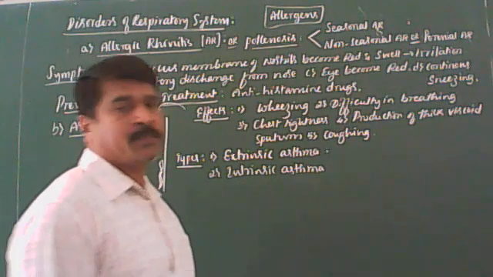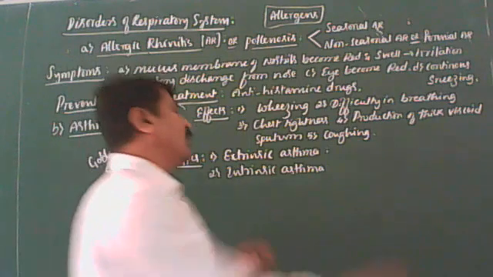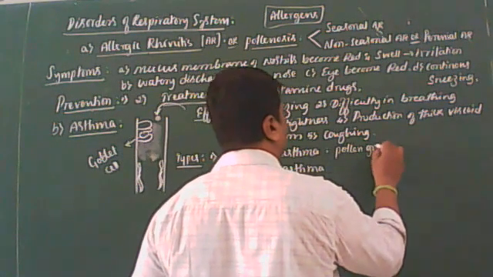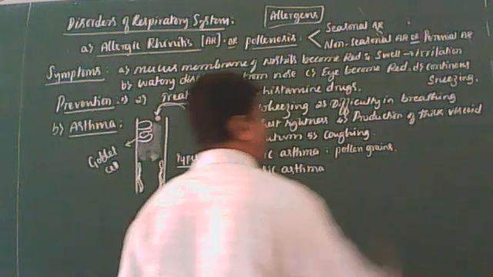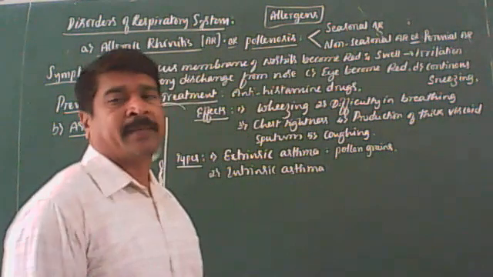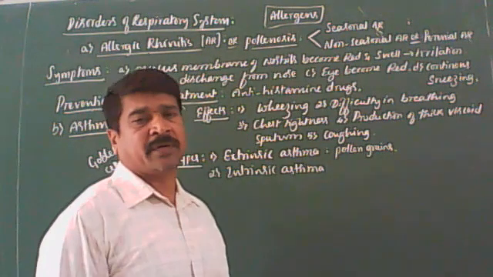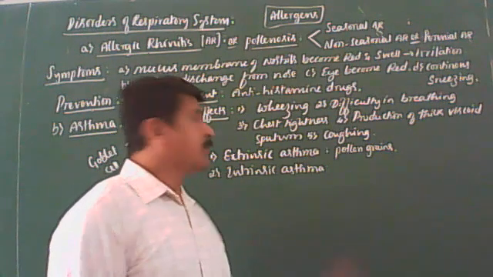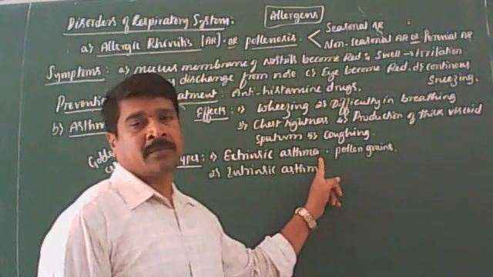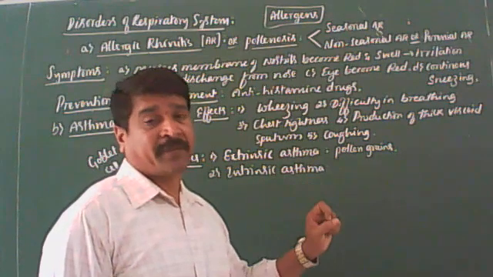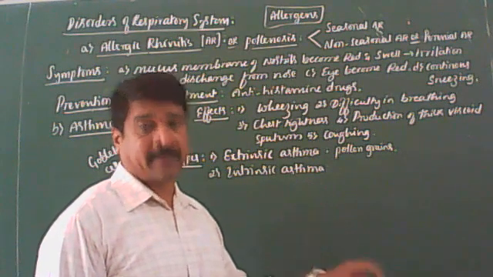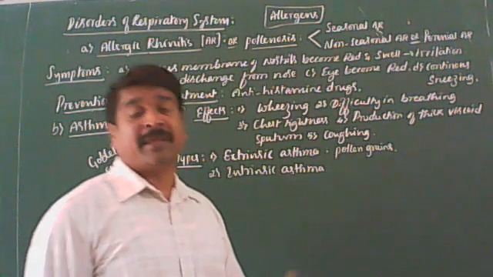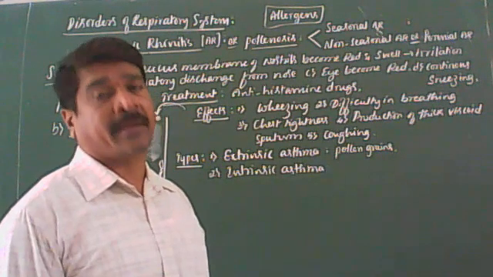The main cause for extrinsic asthma is allergens like pollen grains, house dust, animal dandruff, fungal spores, etc. These patients have a family history of allergic diseases like rhinitis.